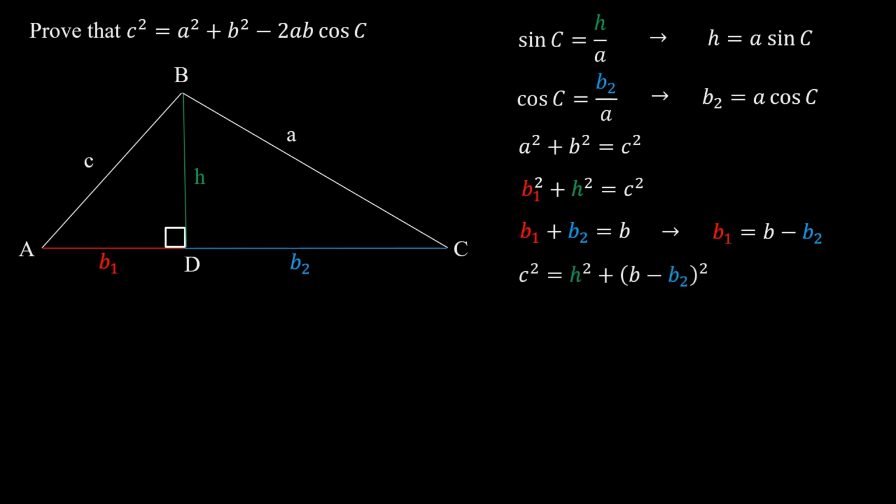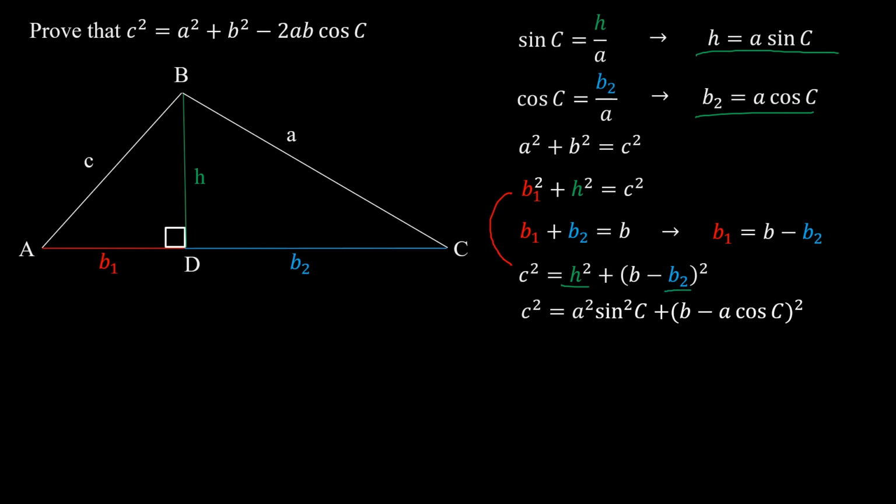Now we can write our equation from this previous equation. We know that c squared is actually going to be equal to h squared plus (b minus b2) squared. And we can just plug in our values for h that we got over here, and the value of b2 that we got over here.